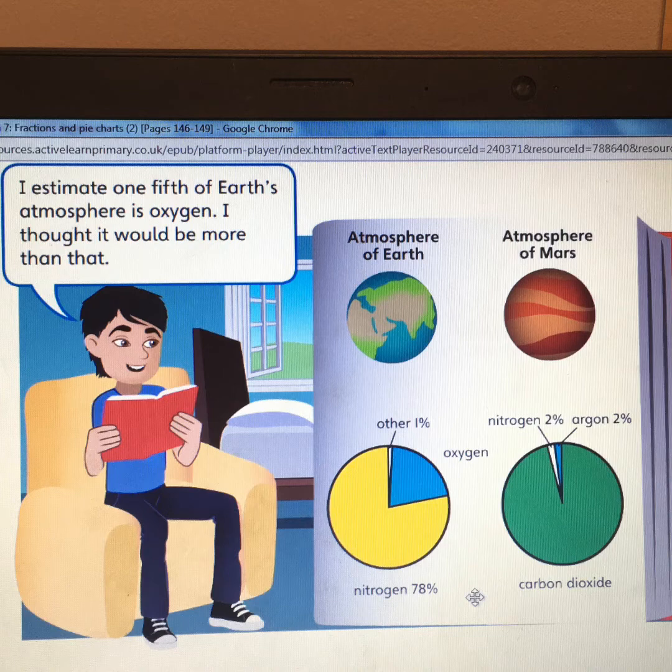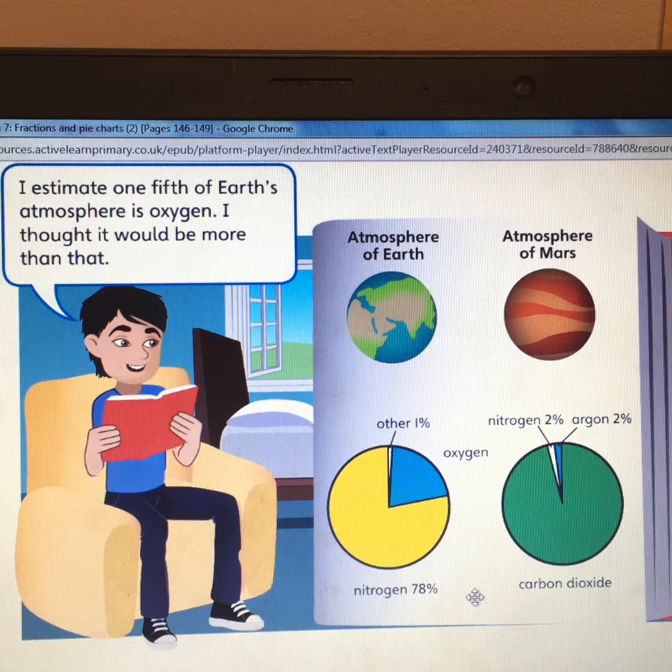You're going to have to start off with, it's asking you for fractions and it's giving you percentages. So you need to work out what nitrogen is as a fraction, argon is as a fraction, and carbon dioxide is as a fraction. And then question B is, how accurate is Aki's estimate for the Earth's atmosphere? He's saying in his little speech bubble, I estimate 1/5 of Earth's atmosphere is oxygen.